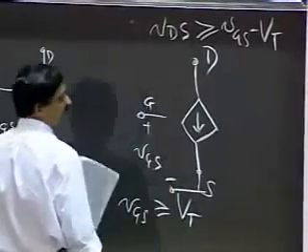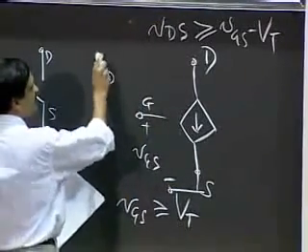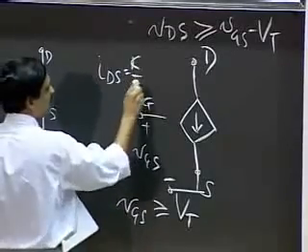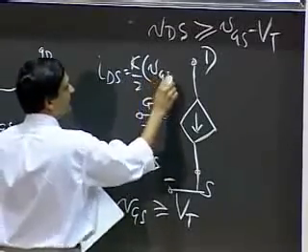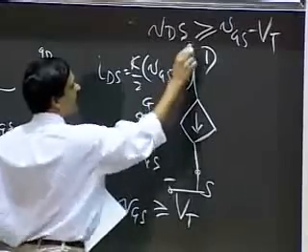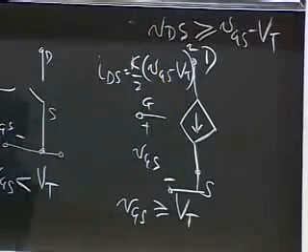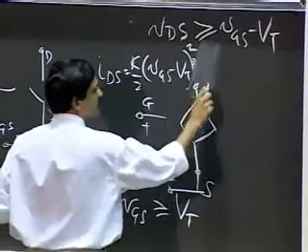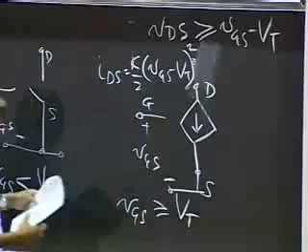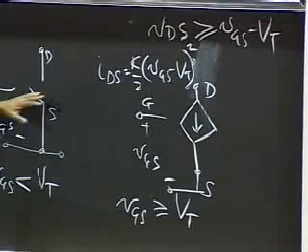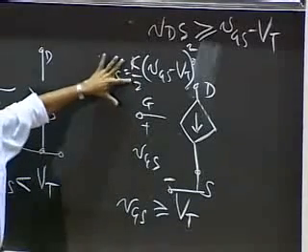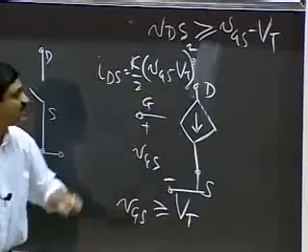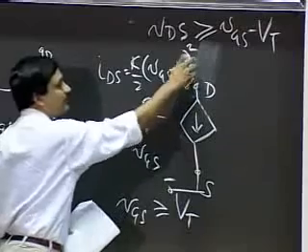So this one behaves like a current source, and the current IDS is given by the following expression. Okay, the current IDS is equal to a constant K divided by 2 times VGS minus VT, whole squared.